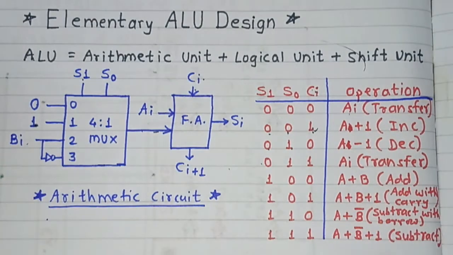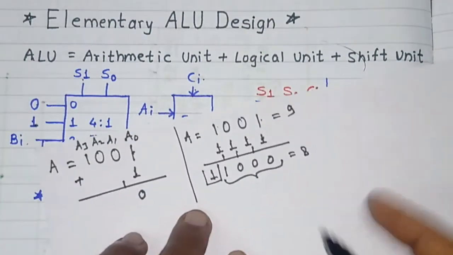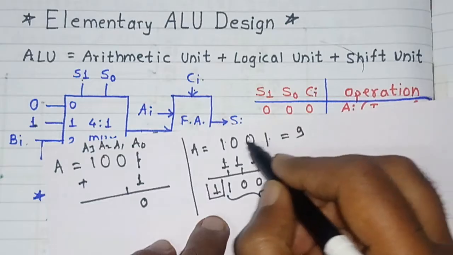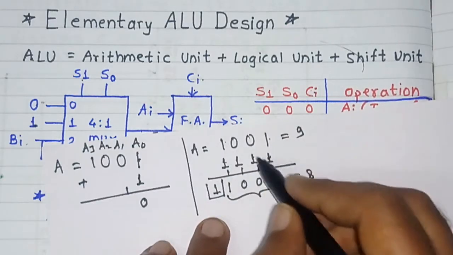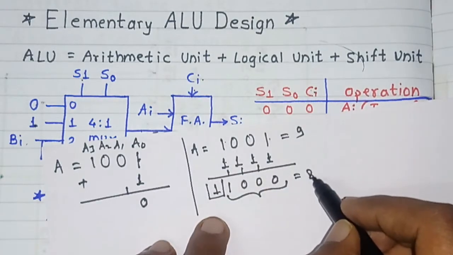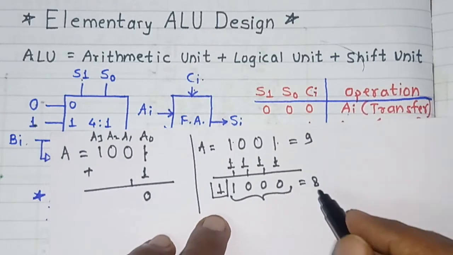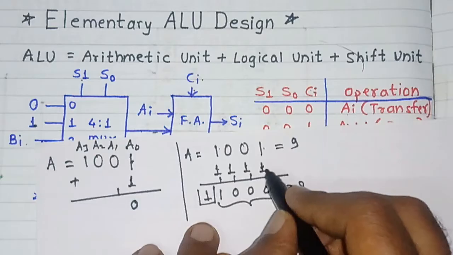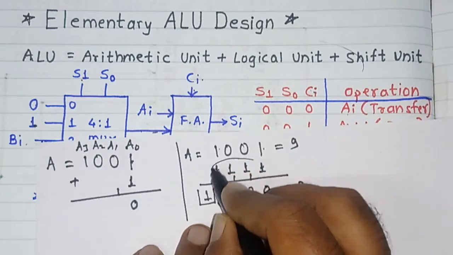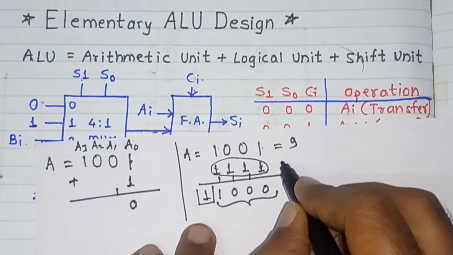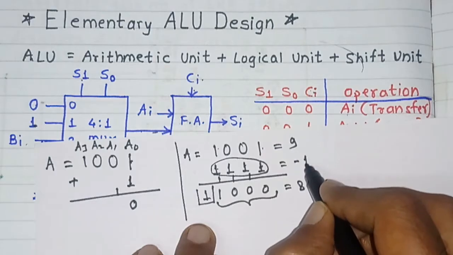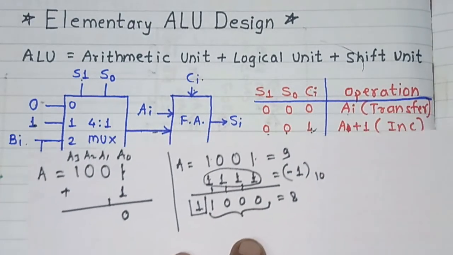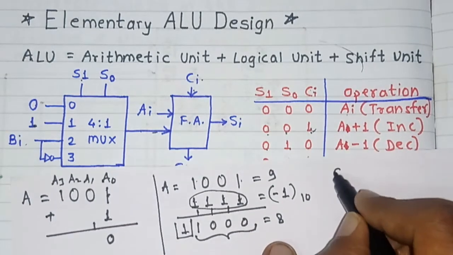Now as I told you, if you add 1s into each and every bit of the original value, then it will decrement the value by 1. As I told you in the number system video, this 1111 is equivalent to -1 in decimal.